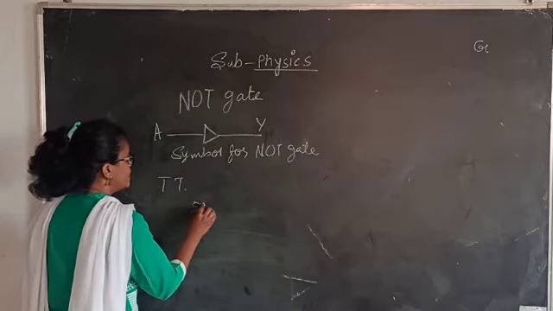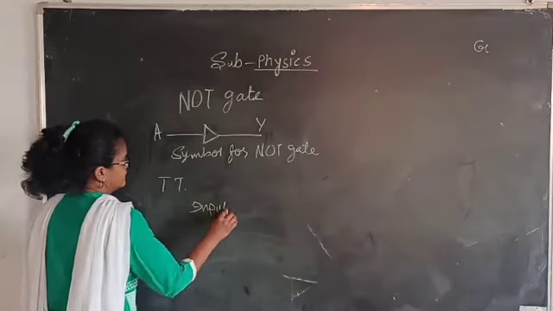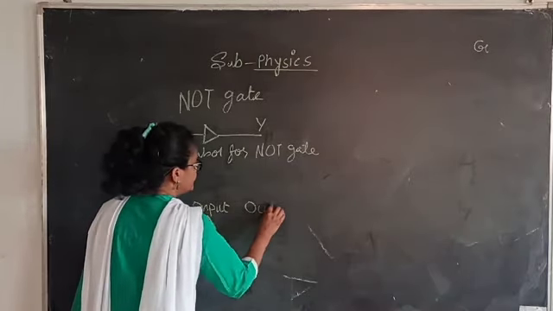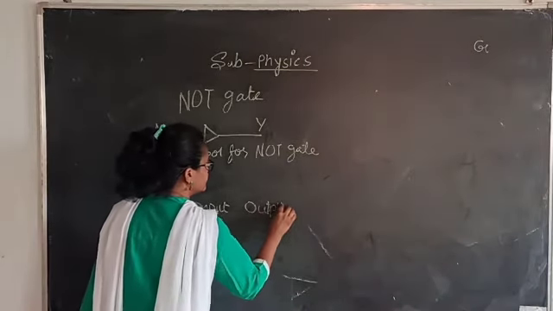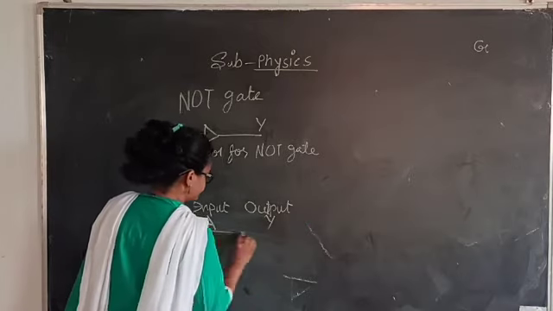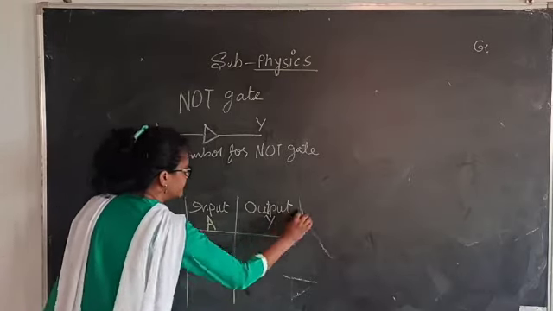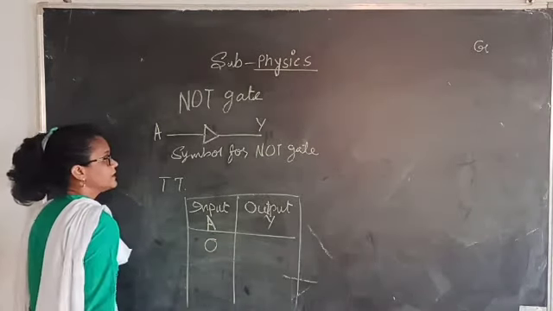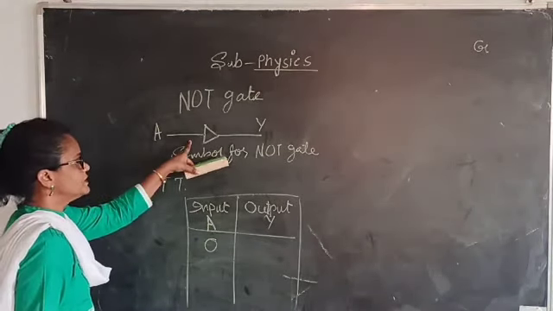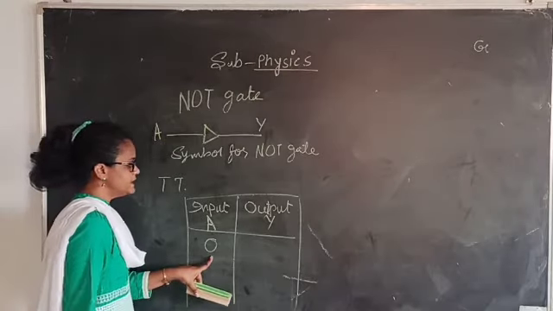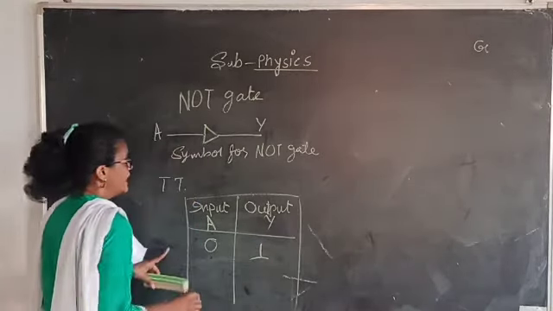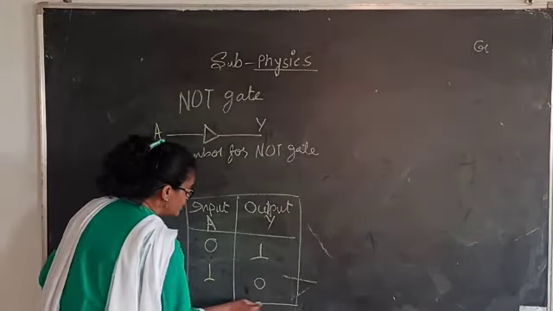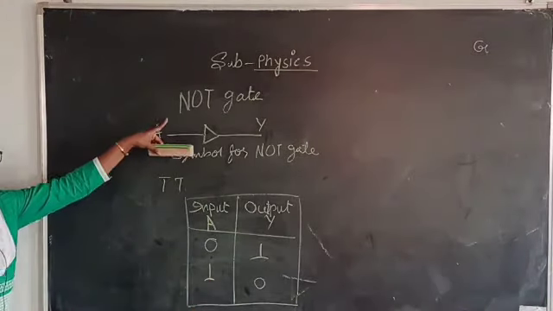Since we have only one input, that is A, and output Y, our truth table becomes like this. If input A is 0 and we are using NOT, your output will be 1, and if your input is 1, the output will be 0. This will be the case of the NOT gate.